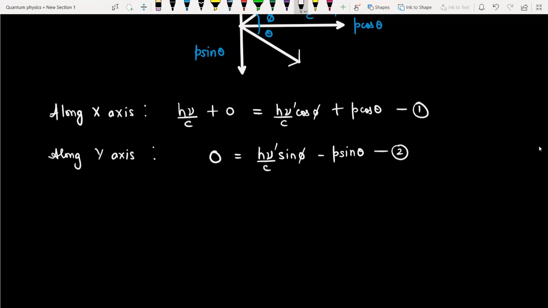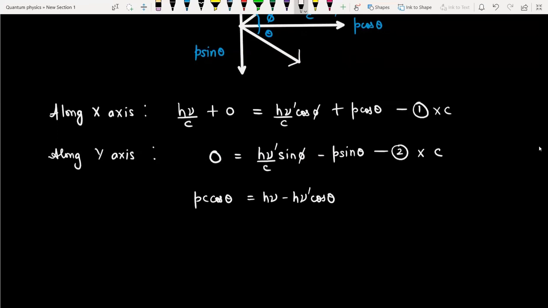Now we rearrange these equations. We multiply equation 1 by c and equation 2 by c, and after rearranging we get pc cos theta equal to h mu minus h mu prime cos of theta.